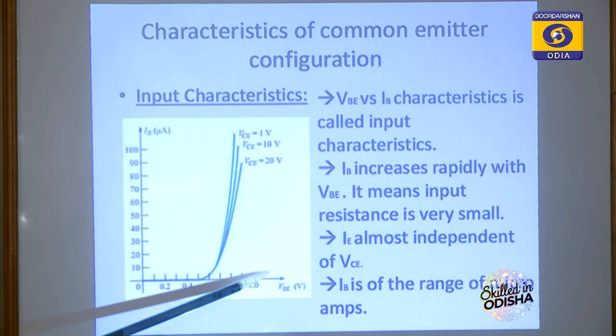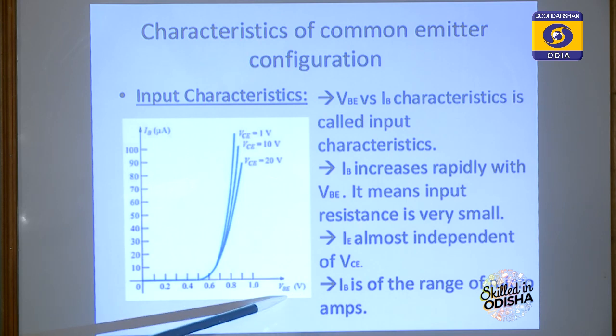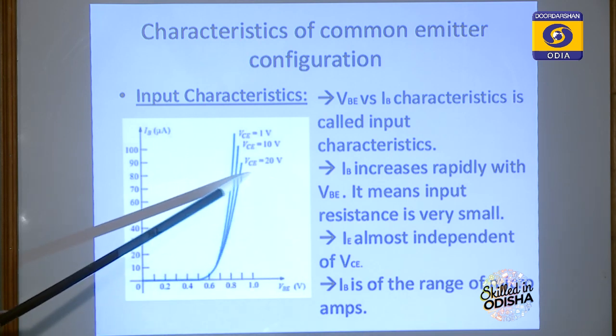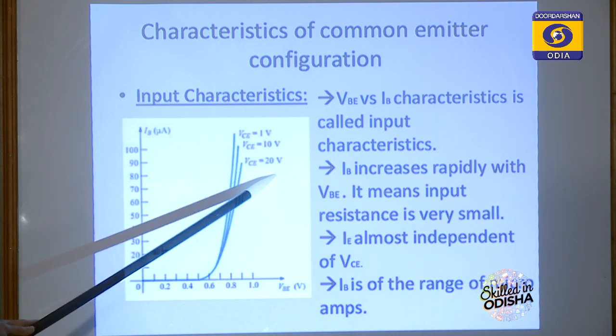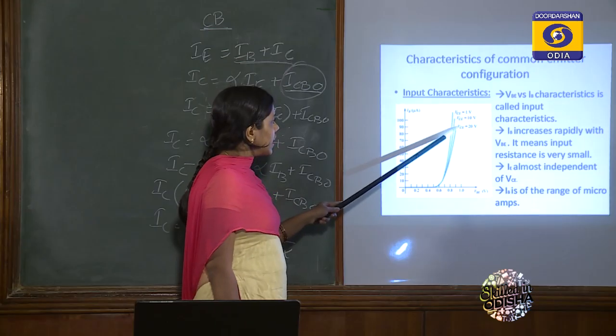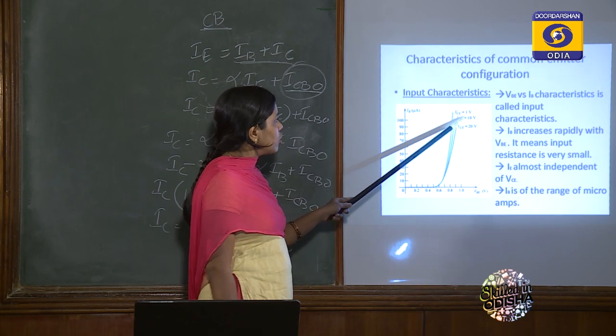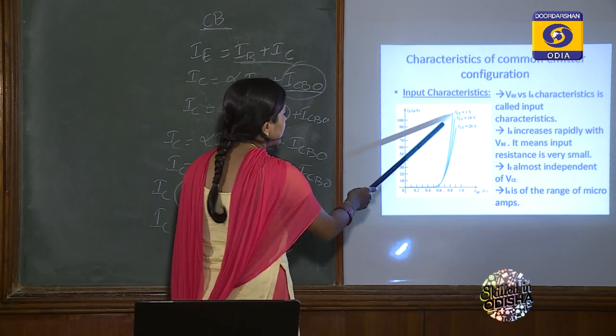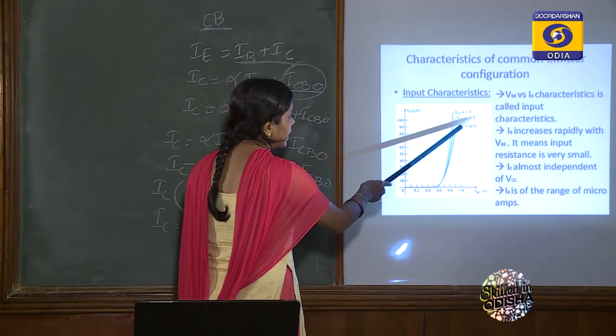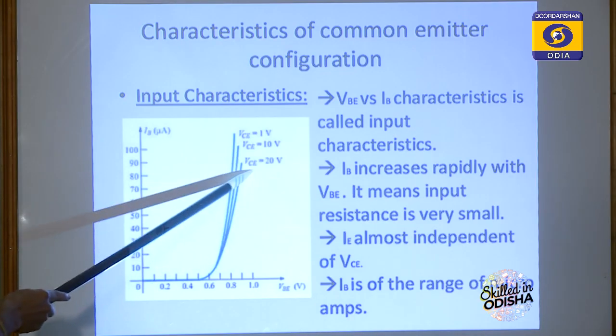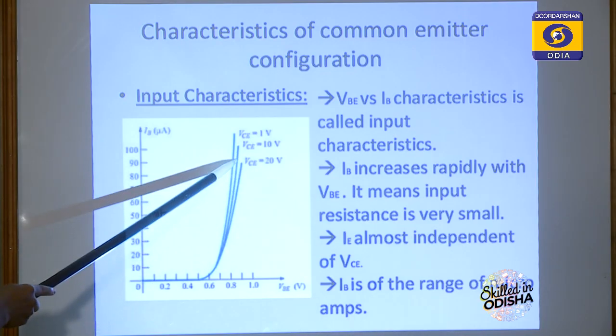And input voltage is VBE in volt at constant VCE. What is VCE? VCE is the output voltage for common emitter configurations. So at constant VCE, when VCE is equal to 1 volt, we will get this graph. When VCE is constant at 10 volt, we will get this graph, and when VCE is equal to 20 volt, we will get this graph.